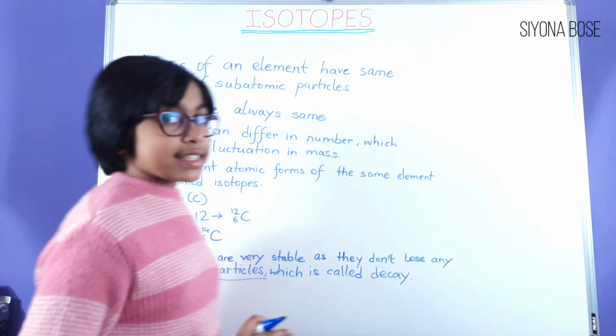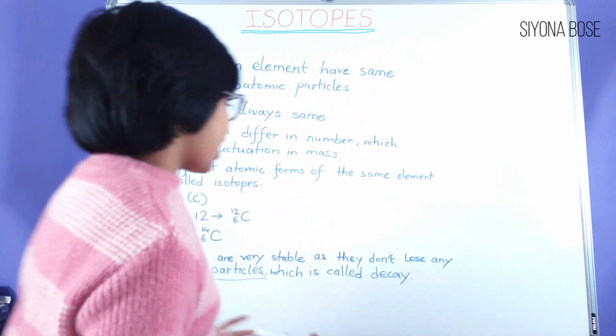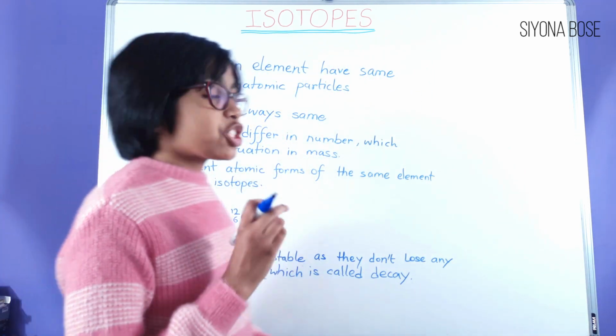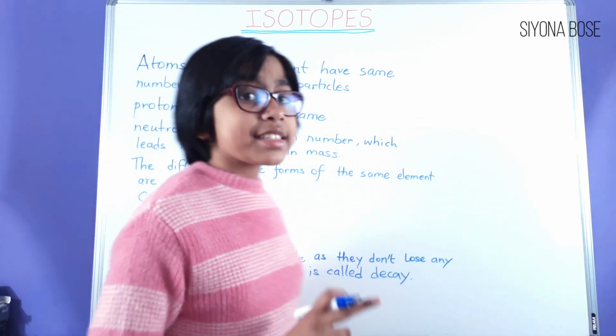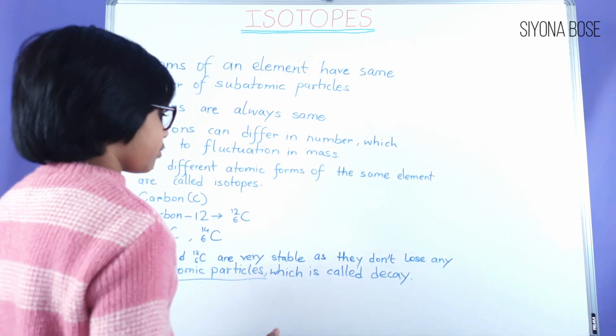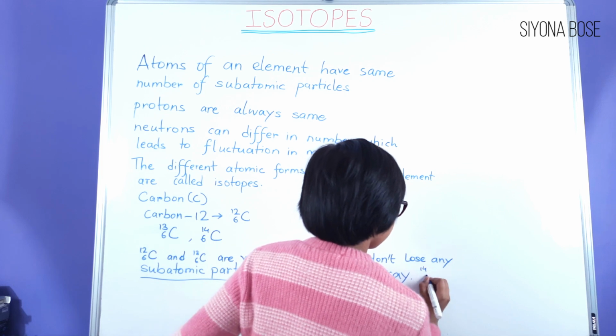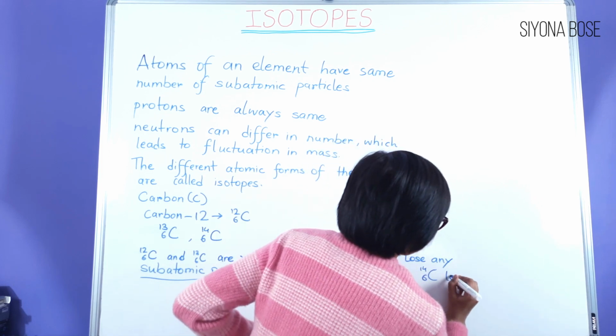But C14-6, the carbon-14 isotope, is the radioactive one, which is not stable, and loses its subatomic particles and energy.